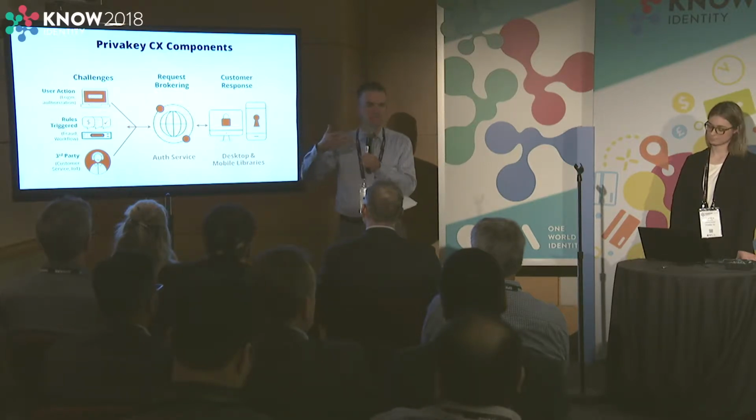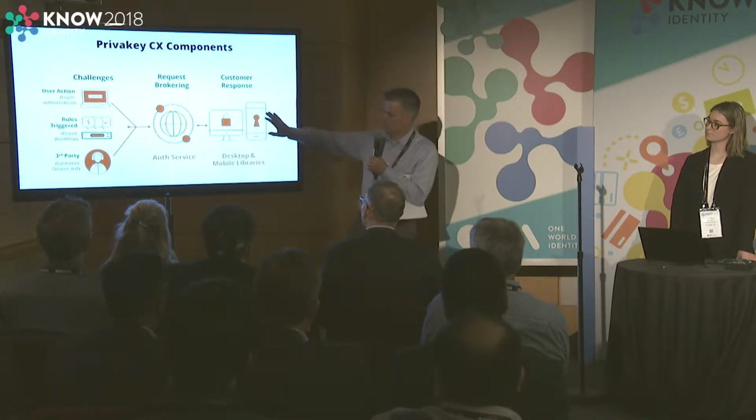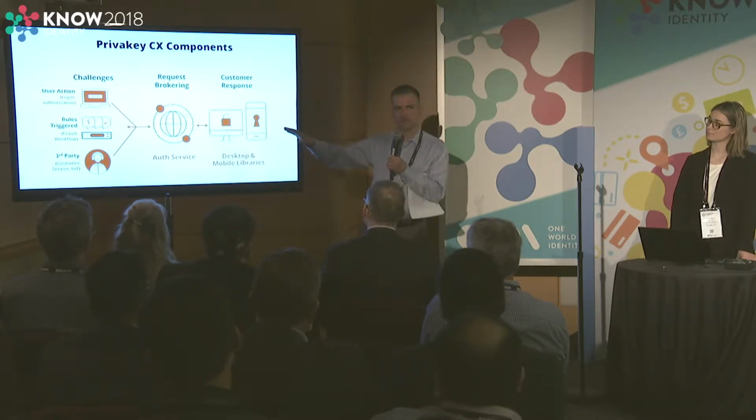So the customer is not likely to see PrivaKey, they're just going to see that the mobile banking app or your mobile app now has this ability to be a strong authenticator. So we have the mobile libraries, and PrivaKey also has an Auth Service. And the Auth Service is there to take challenges from any existing service. It could be a user-initiated action like a login, like my example.